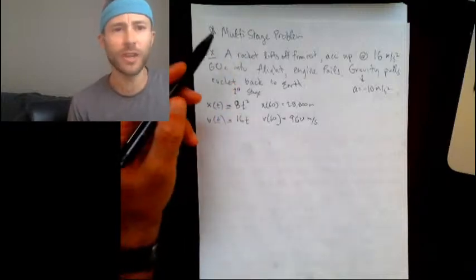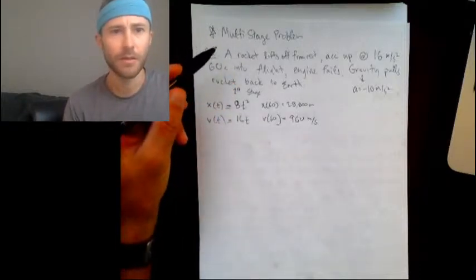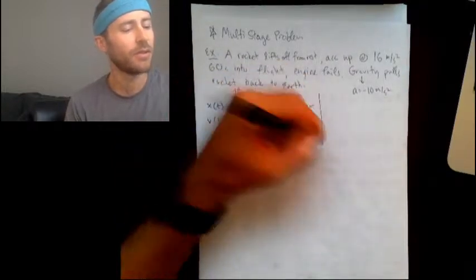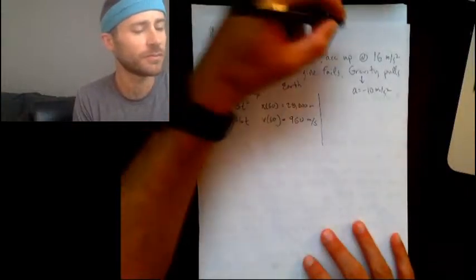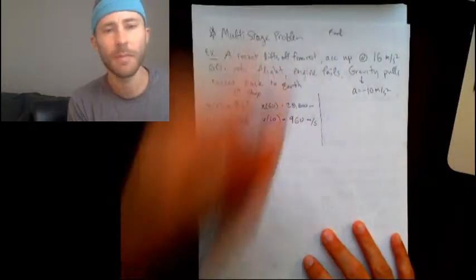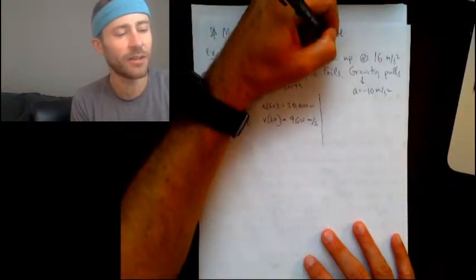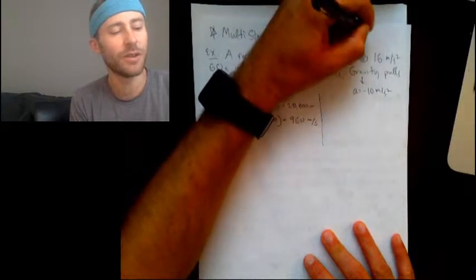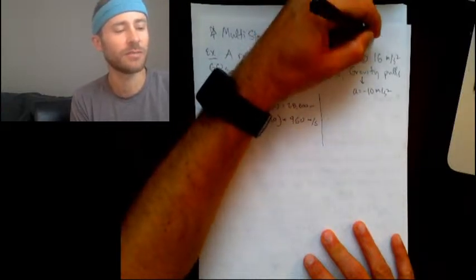Now, for a multi-stage problem, the key idea is that the final variables at the end of the first stage become the initial variables for the second stage.